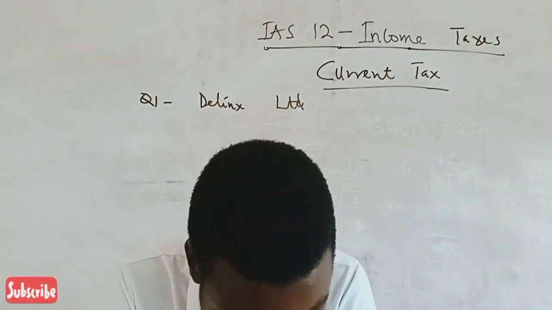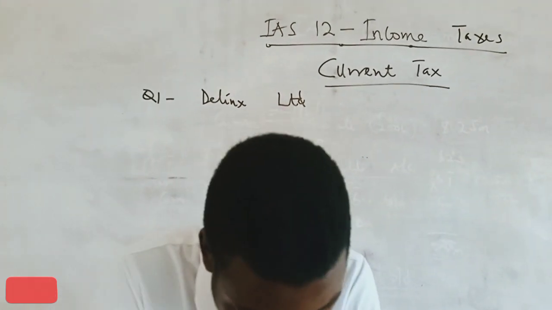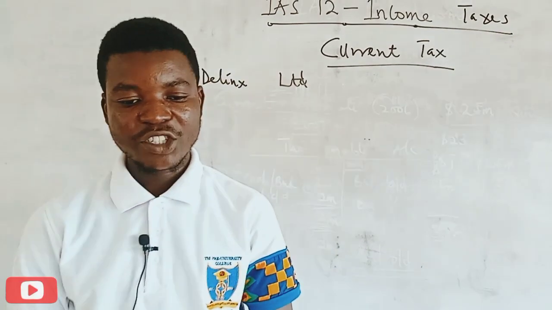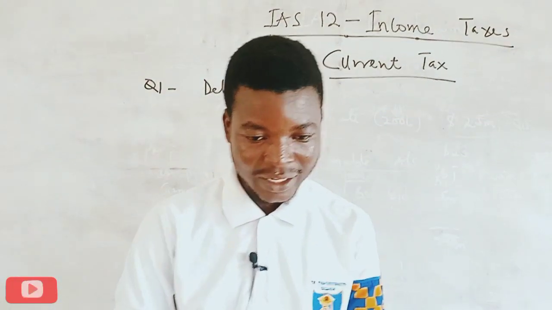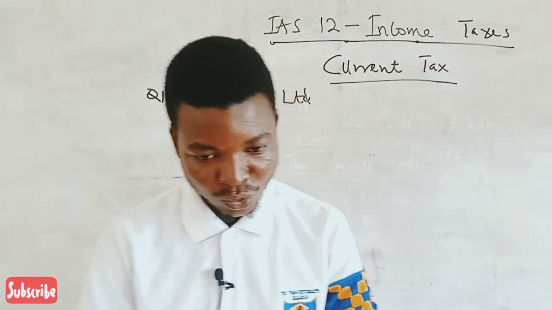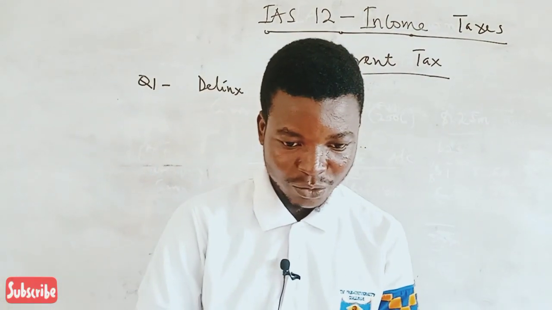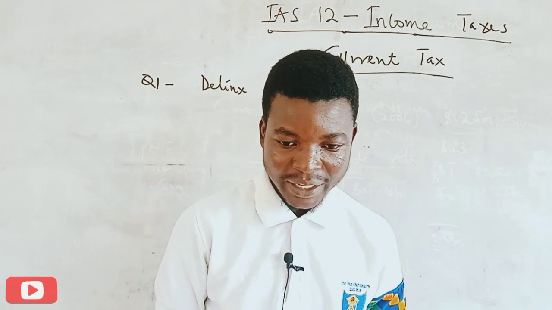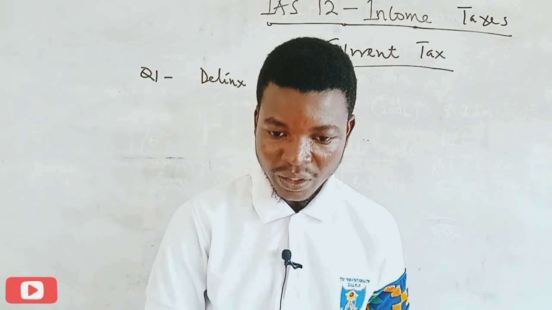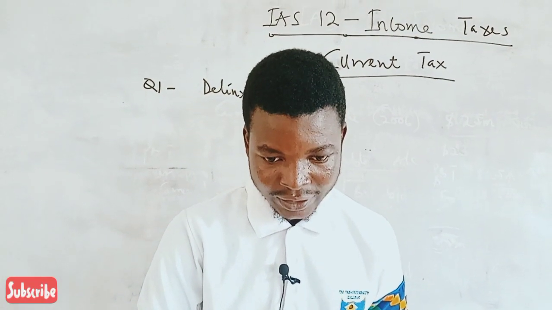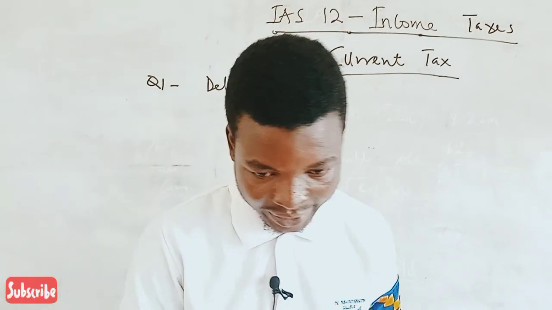The question says that IAS 12 on income taxes sets out guidelines for dealing with under provision and over provision of income tax by reporting entities. During the year ended 31st March 2019, Links Limited finalized and paid its liability for corporate tax on profit for the year ended 31st March 2018 at an amount of 21 million Ghana cedis.